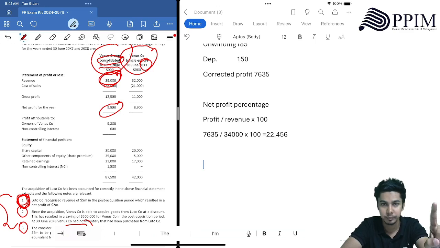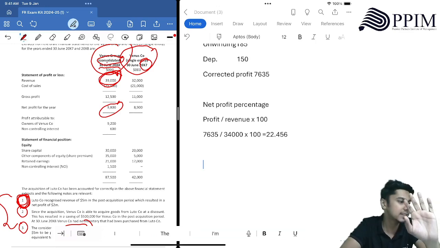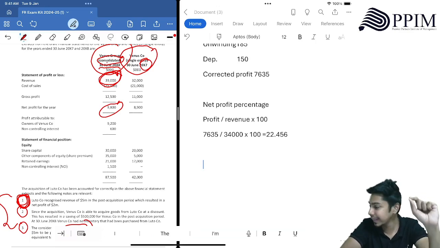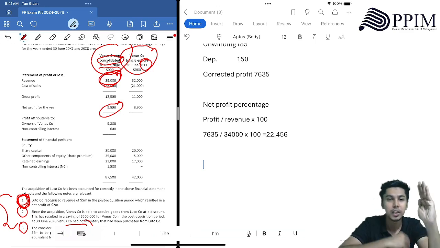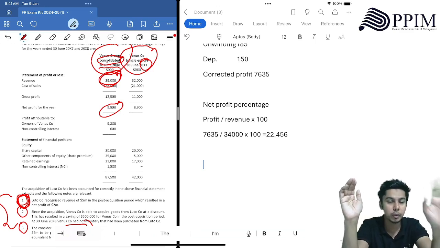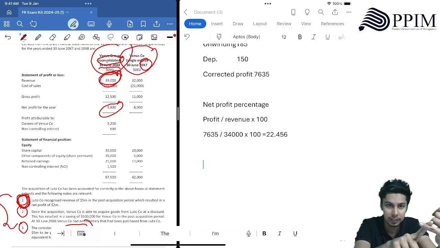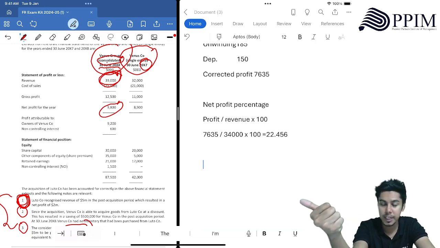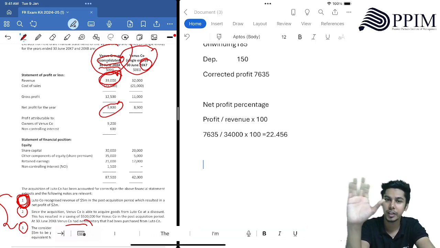That's one issue. Equity will only have the parent's equity in that case. But there can be some more items coming. For example, if you take consolidated SOFP, you have extra things like goodwill and NCI. Normally in the individual SOFP, do you see those items? No, those are not there.